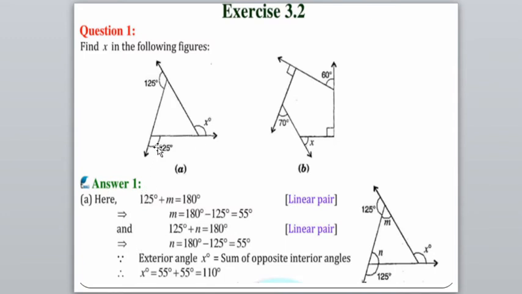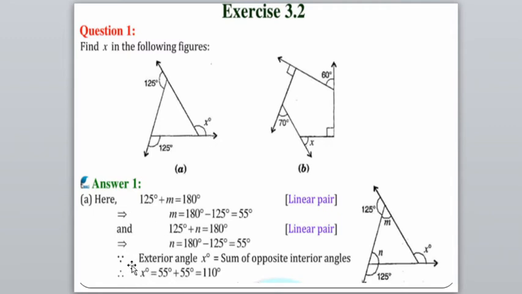Then the next exterior angle is also given as 125 degrees. We can find the interior angle using this exterior angle by linear pair. So that is 125 degrees plus n equals 180 degrees. n equals 180 degrees minus 125 degrees equals 55 degrees. So we got these two interior angles as 55 degrees, and according to the theorem, the sum of the measures of the opposite interior angles equals the exterior angle.